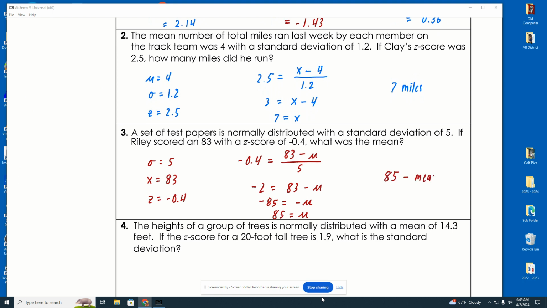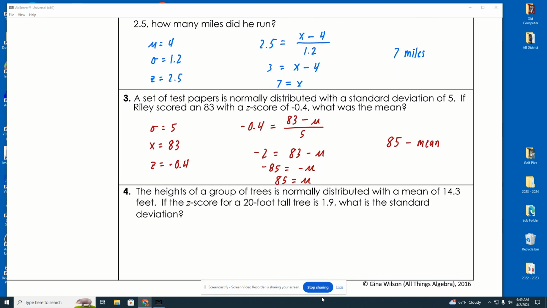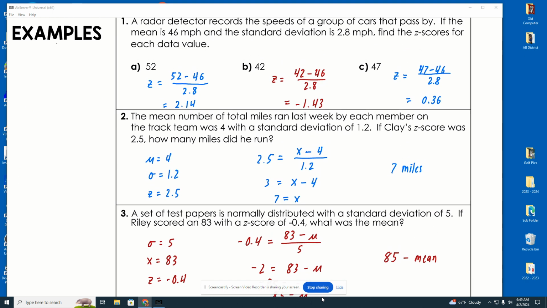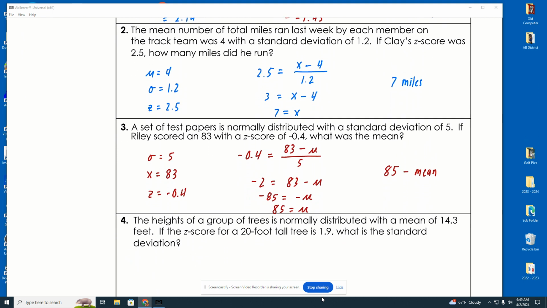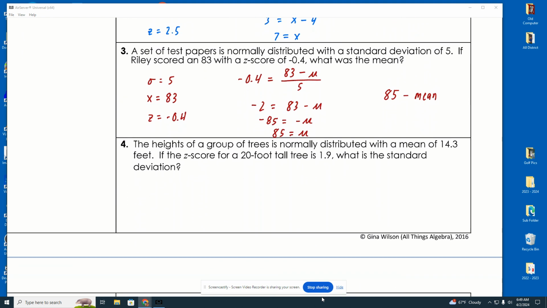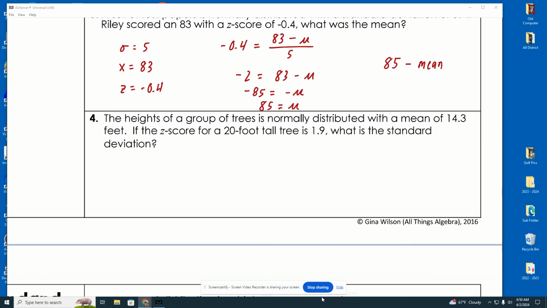All right. And then last one, as you can tell, we solved for z. We solved for x. We solved for mu. So the last one, I bet, is the one that we haven't solved for yet, and that is standard deviation. Look at the problem. The height of a group of trees is normally distributed with a mean of 14.3. So my mu, 14.3.